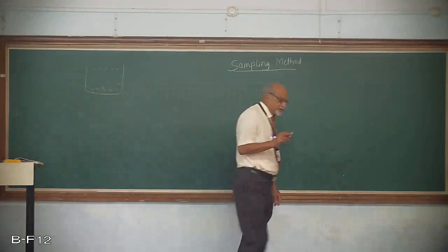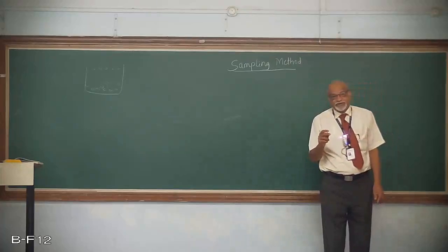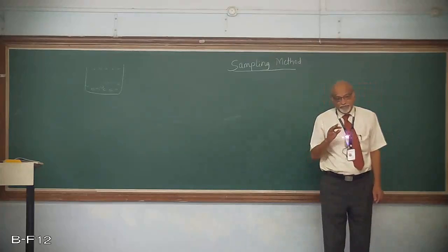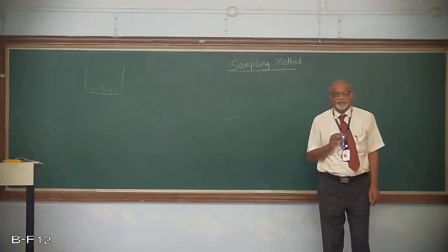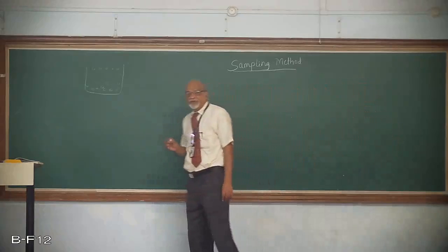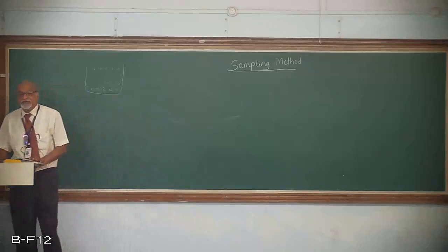I am driving at this point because you need to clearly understand the difference between sampling method and sampling plan. In the sampling method, equal opportunity is given to all the items. That means there should be fairness. That is what is being done in the sampling method.